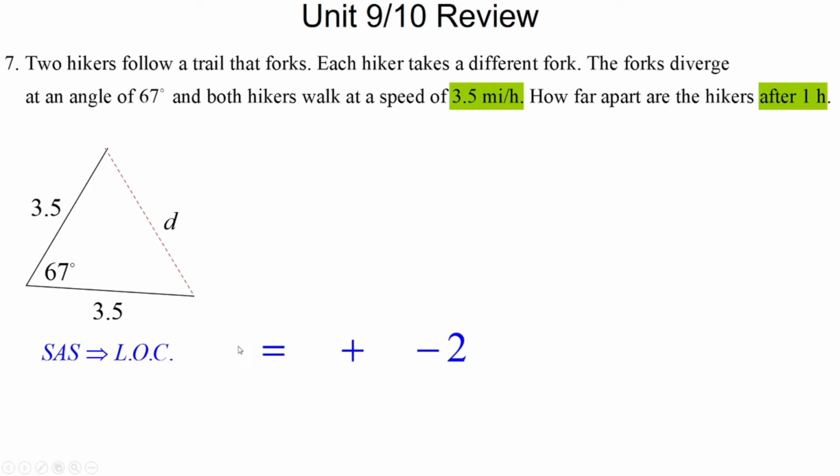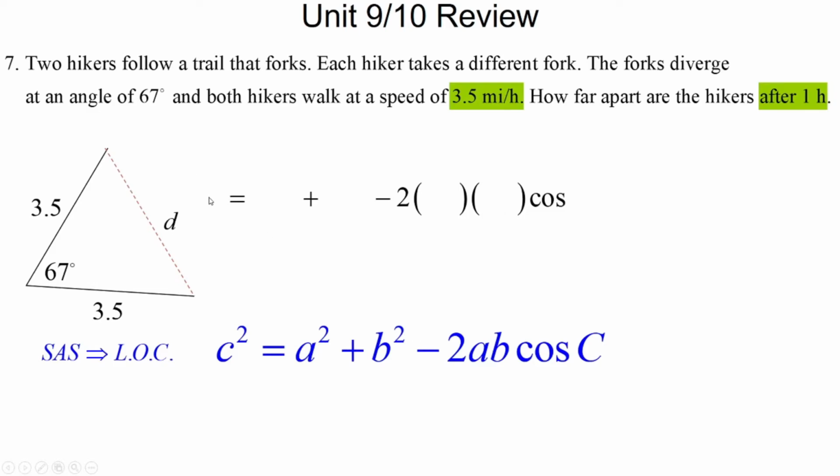So my general formula is going to be c squared equals a squared plus b squared minus 2ab cosine of angle c. Just like that. Now, let's put that in perspective of this triangle right here. And remember, c is the side opposite the angle we know, the included angle. All right, and we're calling that d here.